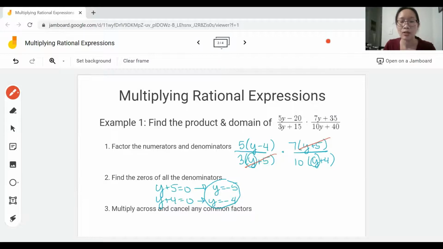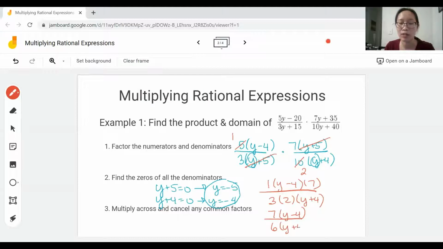And I also notice that 5 and 10 share a common factor, so 5 goes into 5 one time, 5 goes into 10 two times, and so what I'm left with is 1 times (y minus 4) times 7 divided by 3 times 2 times (y plus 4). If I want to simplify this further, I'm just going to multiply all my numbers together, and I get 7 times (y minus 4) over 6 times (y plus 4).